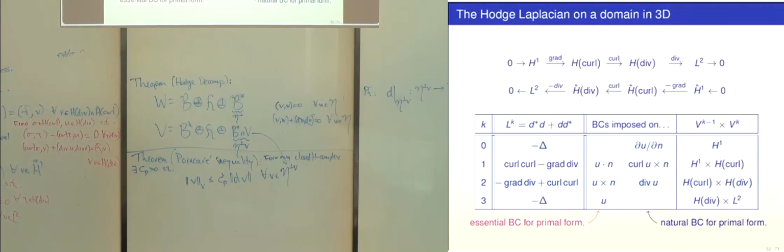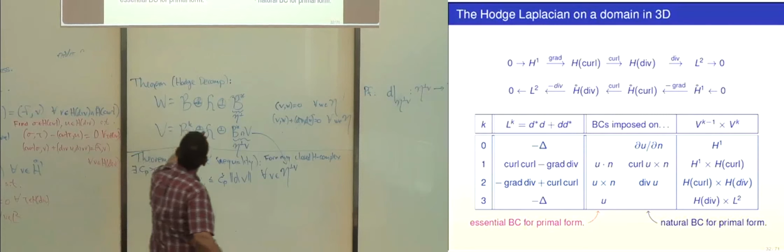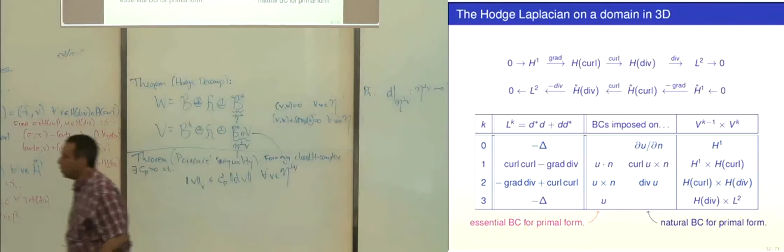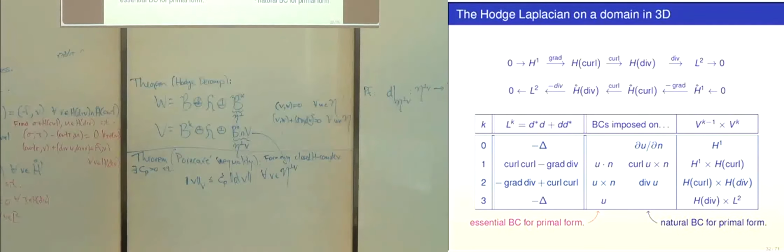Okay, and what about the Hodge decomposition and the Poincare inequality? And then I'll really stop. So let's start with the zero forms. What is the Hodge decomposition? Well, one of the terms drops out because there's no D star coming in there. I'm sorry, there's no D coming in. There's a D star coming in from the other side.